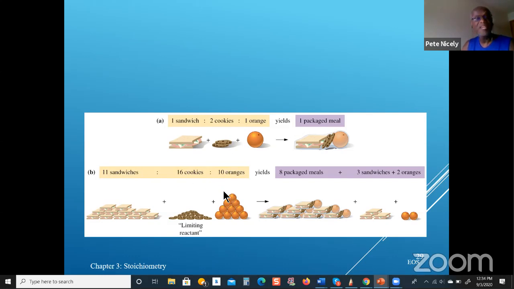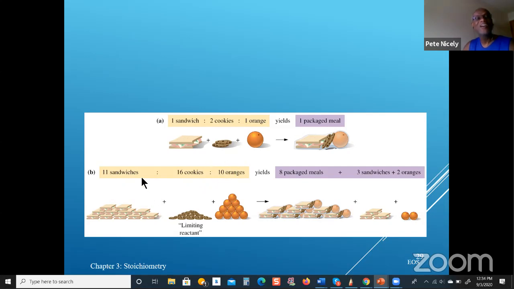So if you take each item in turn, let's say you take the 11 sandwiches, right? Well, according to this formula here, 11 sandwiches will require 22 cookies, and we don't have 22 cookies here, we have 16, and will also require 11 oranges. We have 10 here, not 11.